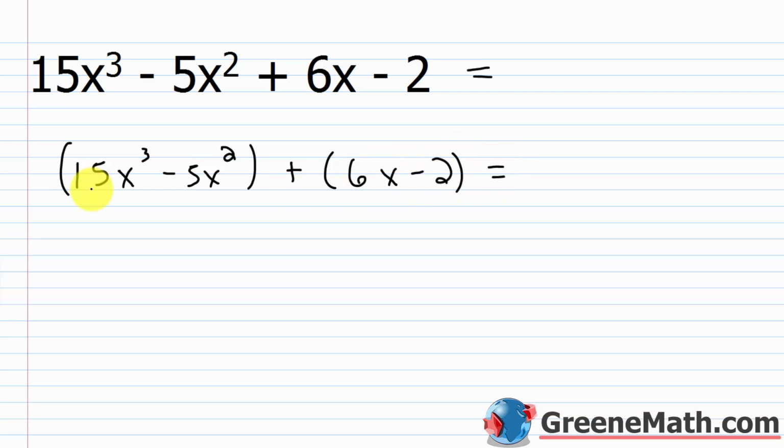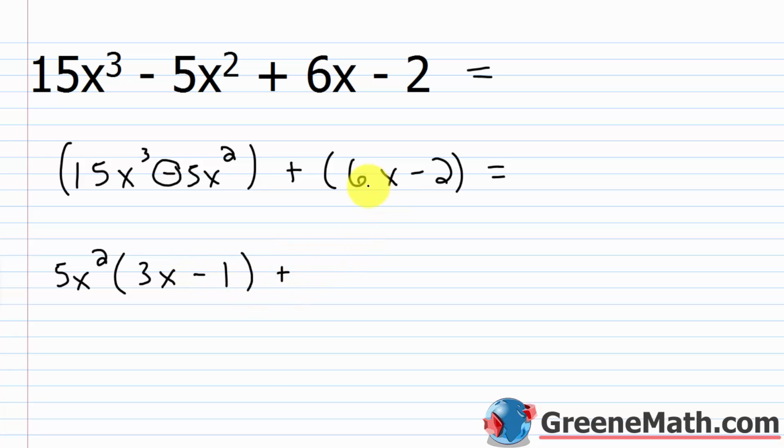And what can I pull out from 15x cubed minus 5x squared? Well, the greatest common factor there is 5x squared. So let's pull that out. And inside the parentheses, I would have what? 15x cubed divided by 5x squared is going to give me 3x. And then 5x squared divided by 5x squared is 1. So I have the minus there, so I'll put minus 1.